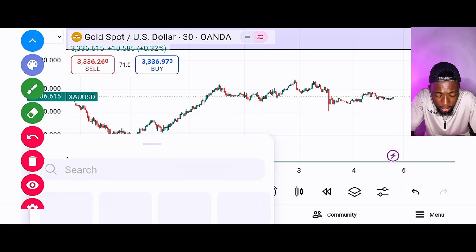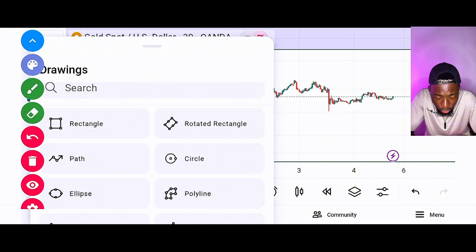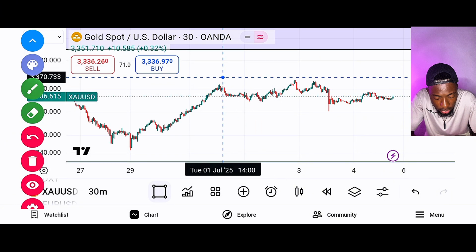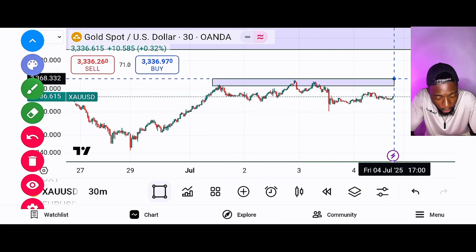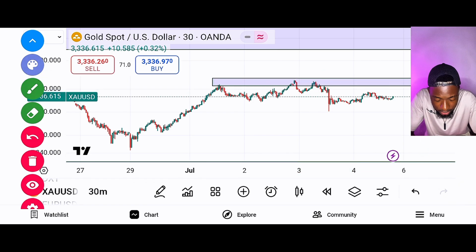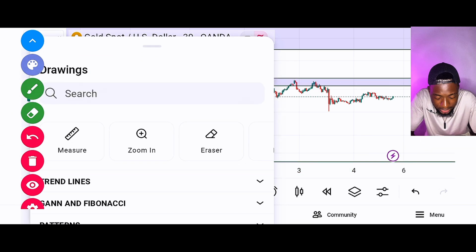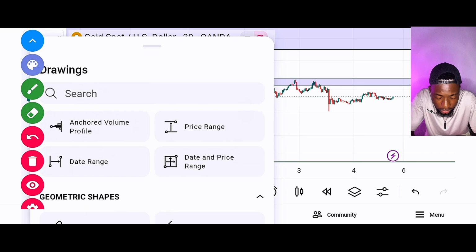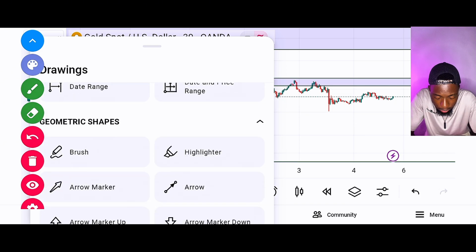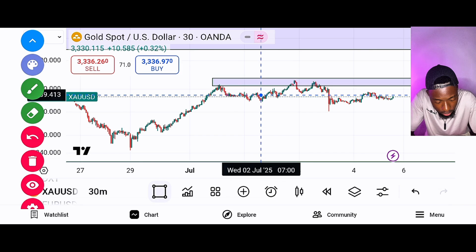If I want to use support and resistance, generally in a resistance zone, I could use this zone. Any of these zones could actually work. If the market breaks this order block here, the next thing we're going to call for is that resistance zone.